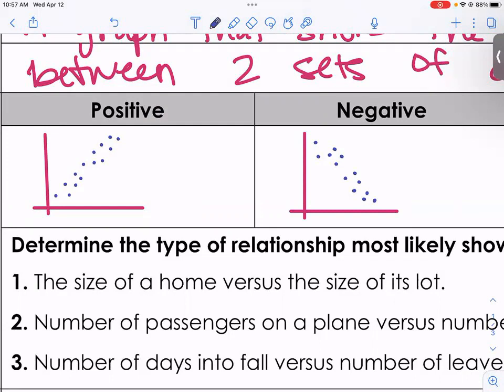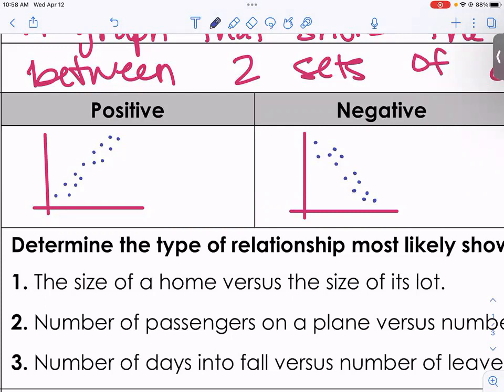And the whole point is that data is not going to be perfect. When we record real time data, it is not going to be perfect. It's going to have a trend, maybe, but it's not going to be perfect.